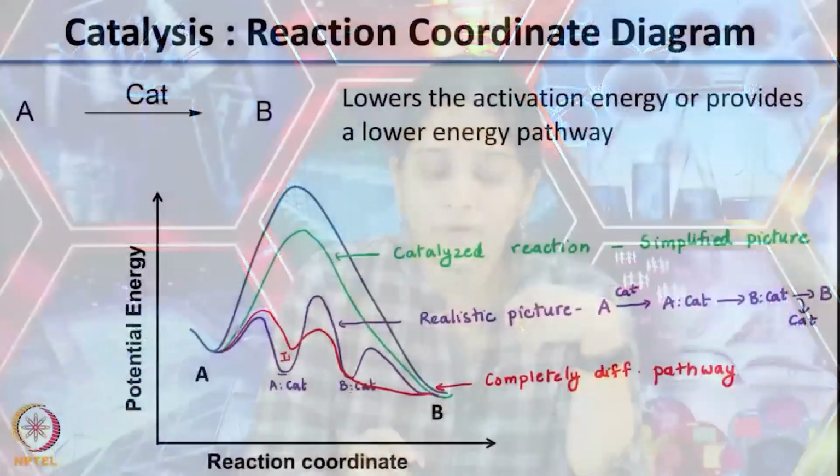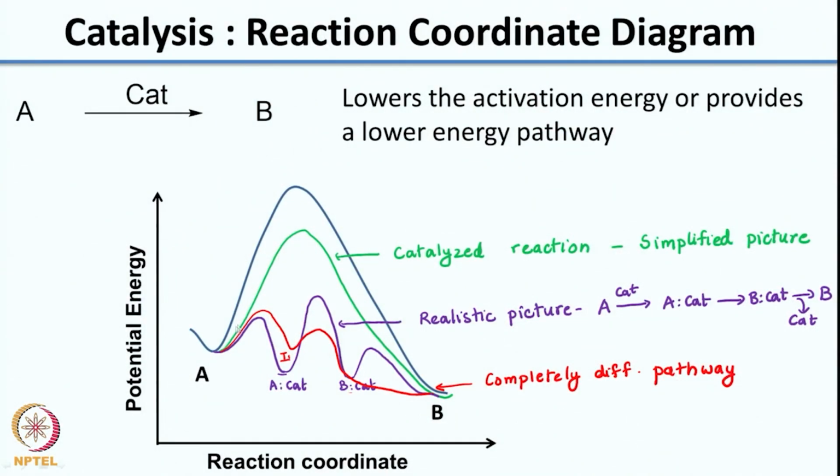And we had started looking at reaction coordinate diagrams to understand catalysis. Typically when you think of catalysis, you think of the catalyst lowering the activation energy, and we had done this towards the end of the last class. This is the highly simplistic reaction coordinate diagram that a lot of books will show or you will be tempted to write. But in reality what is observed is the catalyst forms a complex with the reactant A to give you a lower energy complex with a lower activation energy.